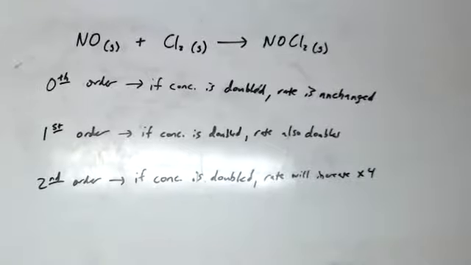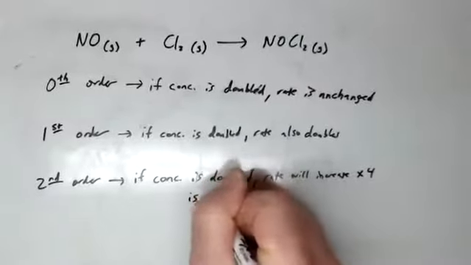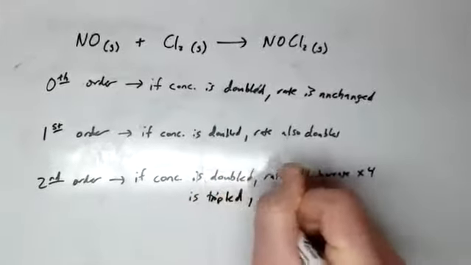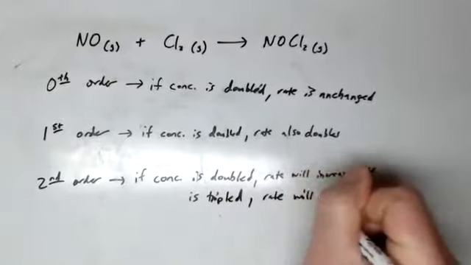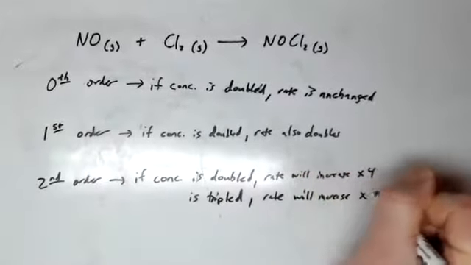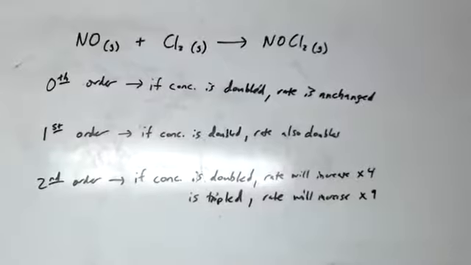What would be the factor that the rate would go up in that case? Any ideas? Is it 9? Exactly. So if the concentration is tripled, rate will increase by a factor of 9. So that's the nature of second order. So whatever you do to the concentration, the square will be done to the rate. So if you quadruple the concentration, the rate would go up by a factor of 16.